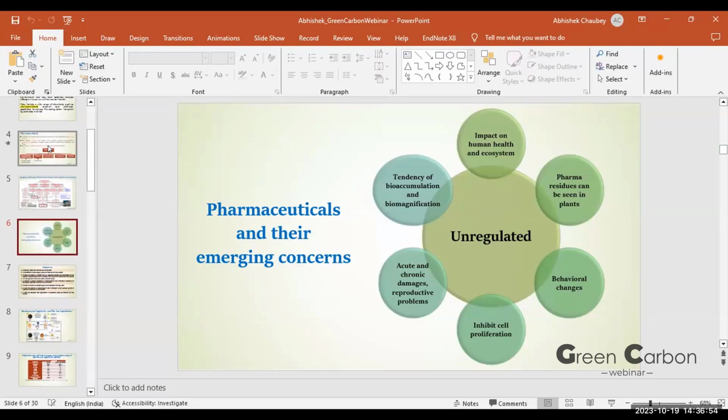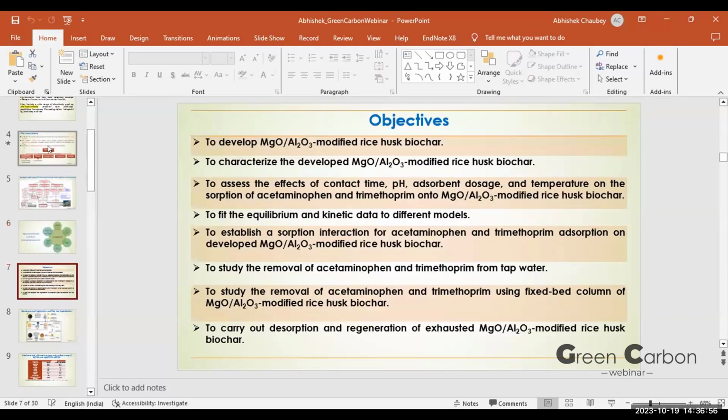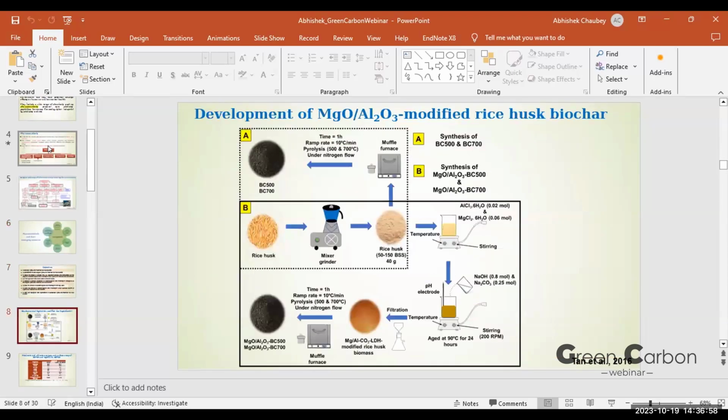So we have to deal with it, and for that, the objective. So let's start with the preparation of my adsorbent. First we developed this biochar using rice husk, and on this preparation of biochar, we found that the removal of acetaminophen and trimethoprim was not very good.